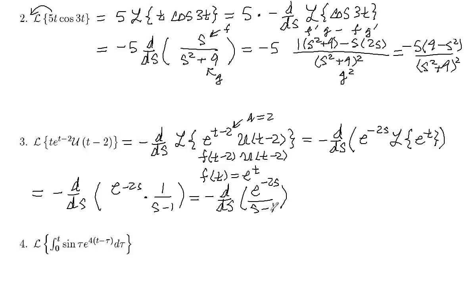And now this is going to be a quotient rule again. So we've got a negative out in front, and then our top is our f, and the s minus 1, that's our g.